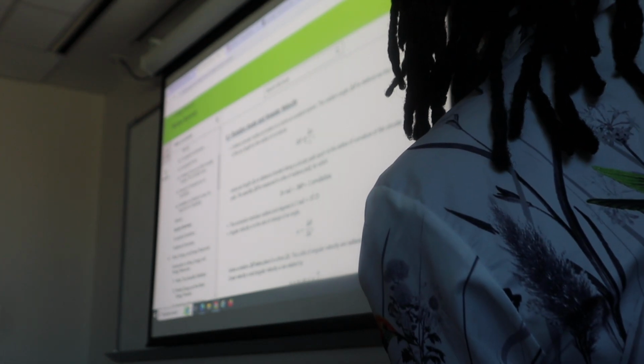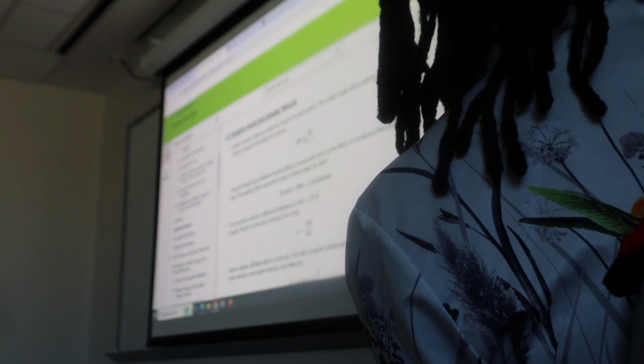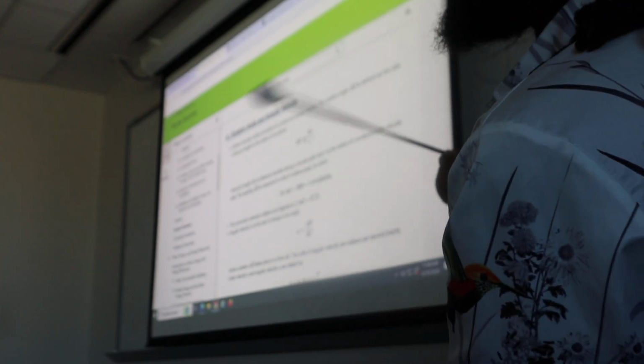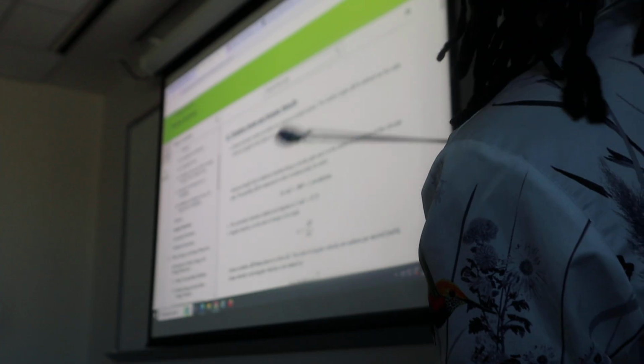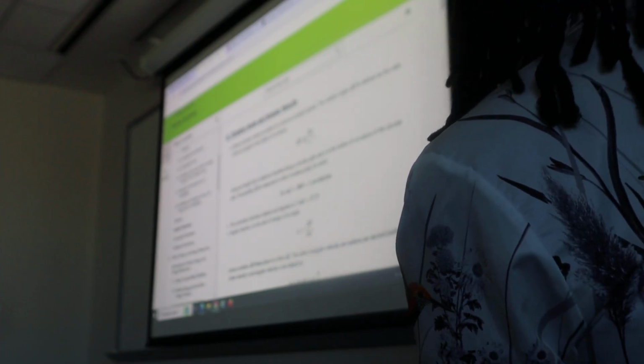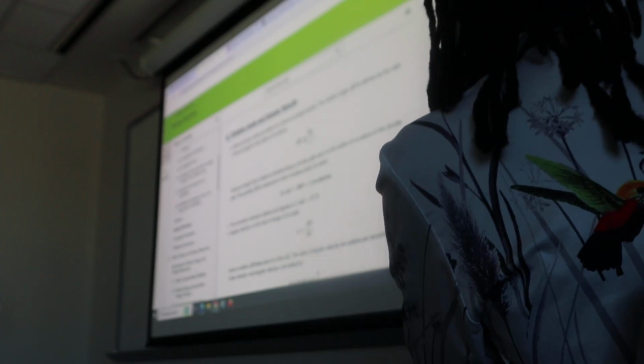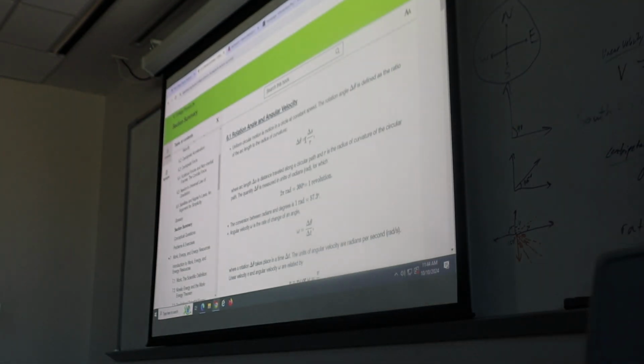I had 7.66 revolutions per second. And then the linear velocity, because each point has a linear velocity too, is r omega, the radius times omega, the angular velocity we just got. That was 3.37 meters per second.